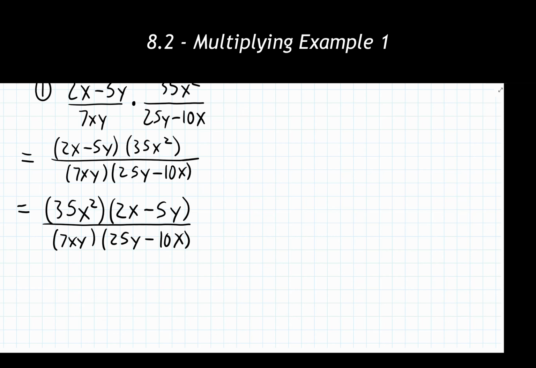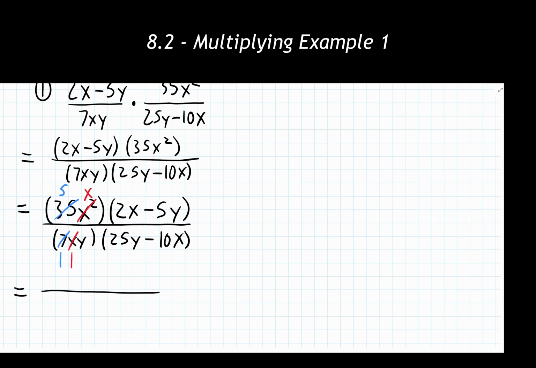35 and 7 can both be reduced by 7. So this 35 becomes a 5, this 7 becomes a 1. And then this x and x squared, they can each cancel a single x out. There's going to be a 1 left over in the denominator spot, and there's a single x left over in the numerator spot. And now I'm going to rewrite this because I've canceled some stuff.